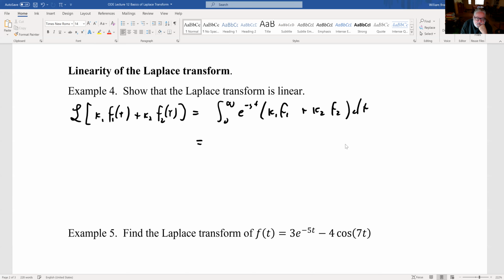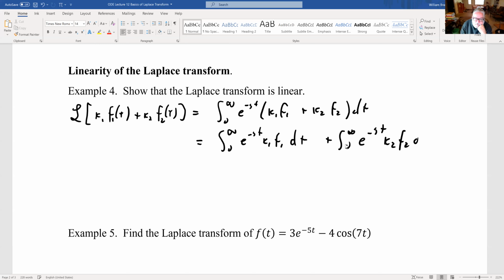But we know that we can break that into two integrals: e to the minus st times k1 f1. k1 and k2 are constants here. f1 and f2 are functions. Integral from 0 to infinity of e to the minus st times k2 f2 dt.